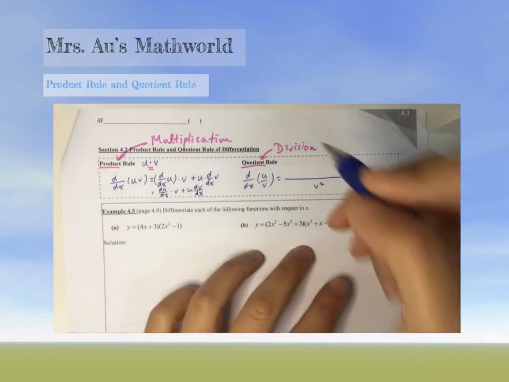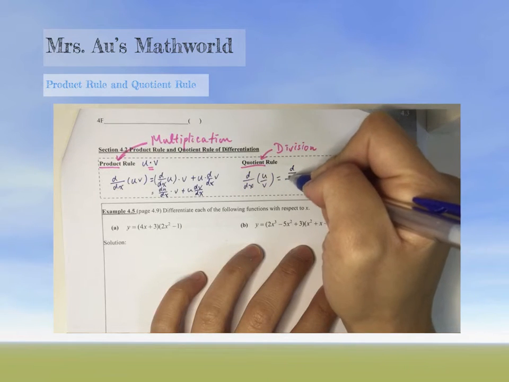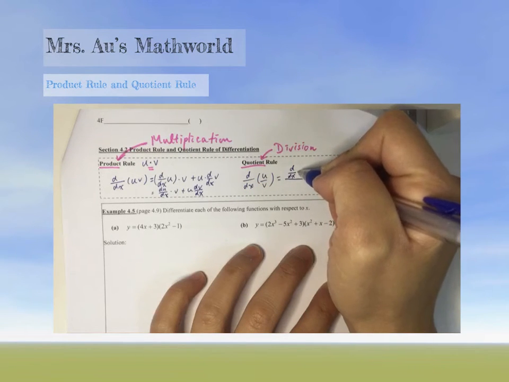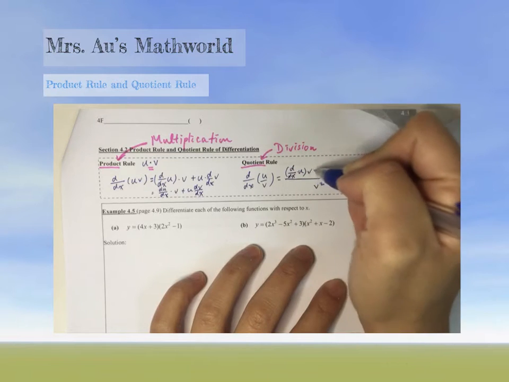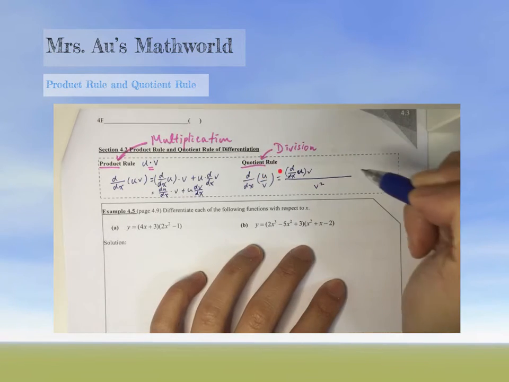And for the quotient rule, we take the square of the denominator, and after that we differentiate the top one first, the upper one.